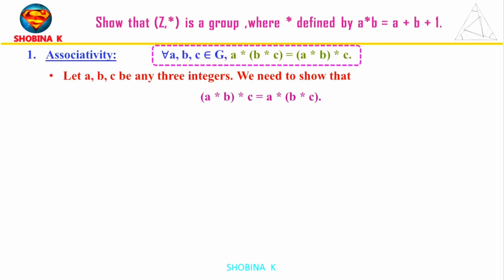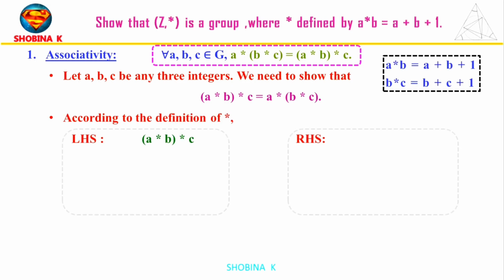Now let's check the associativity property for the operation * defined as a + b + 1. For this, take three arbitrary integers a, b, c from the set Z, and we need to show that (a * b) * c is equal to a * (b * c). Let's begin with the left hand side. We need to simplify the expression inside the parentheses, so we take a * b and replace it with a + b + 1.